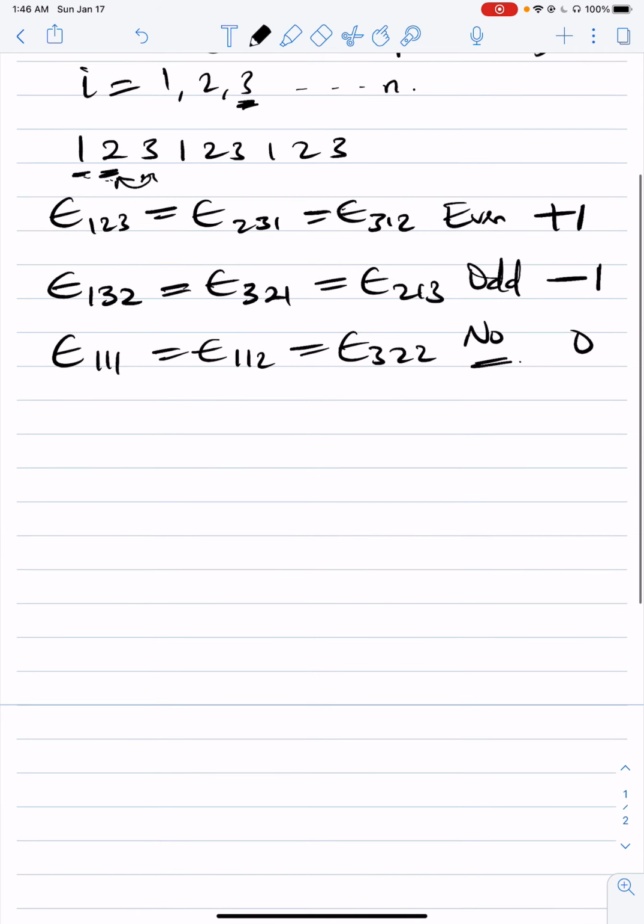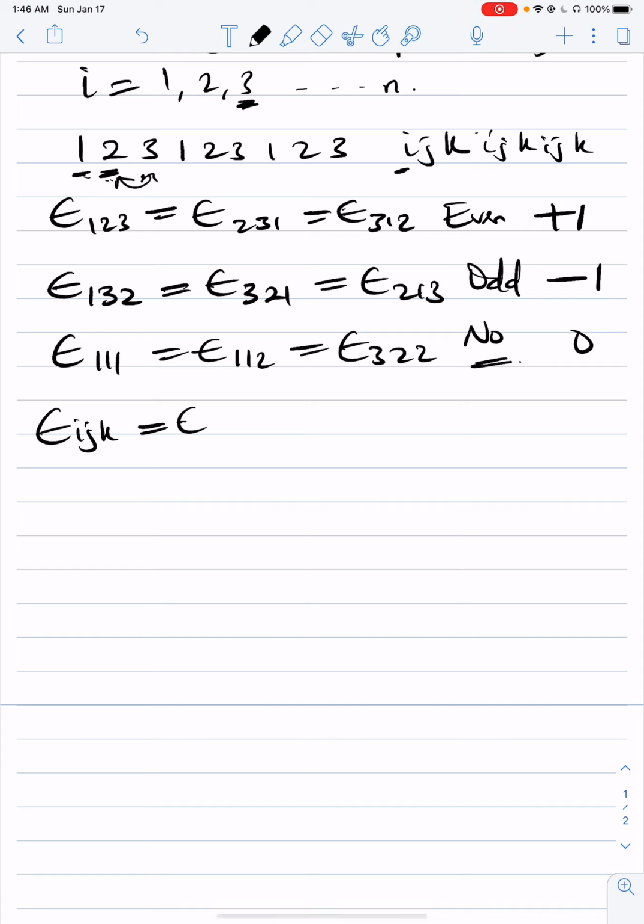So in the notation itself, you see the order still follows ijk. If you skip this, the next one will be jki. You skip again, it will be kij.